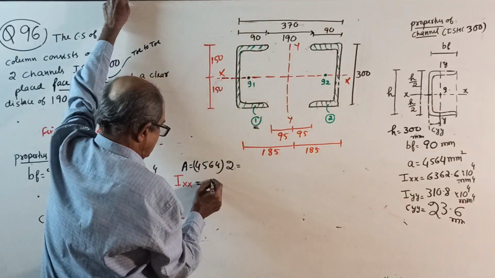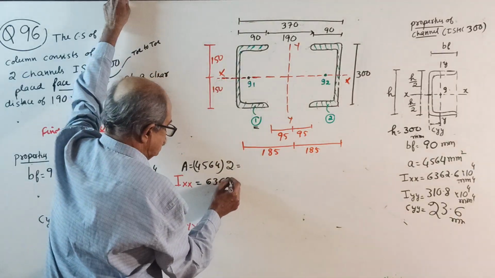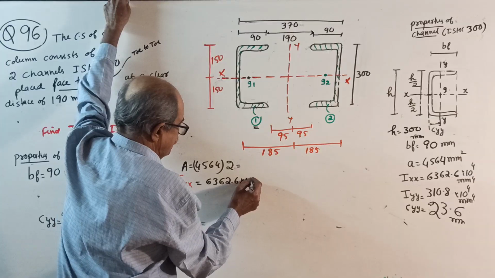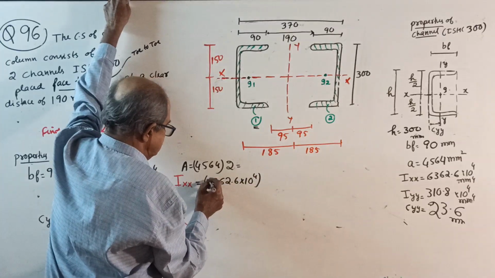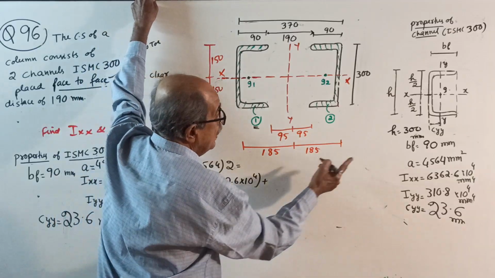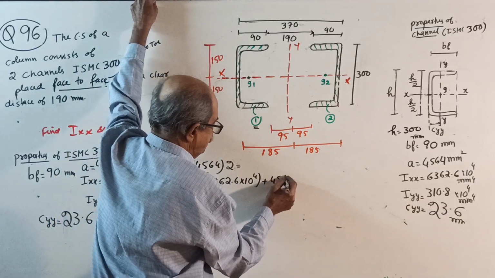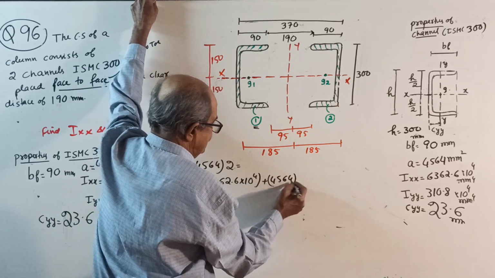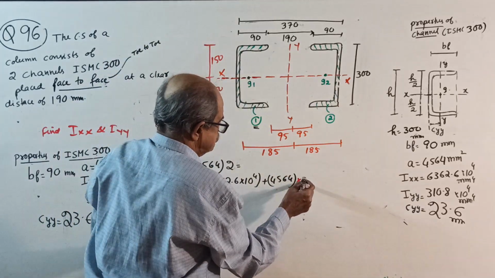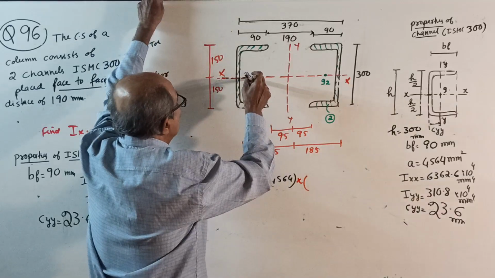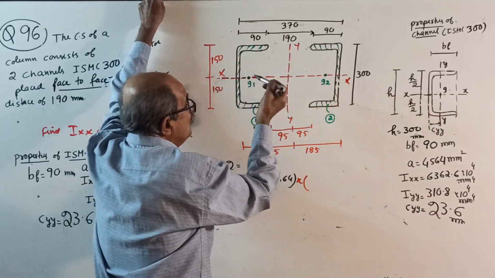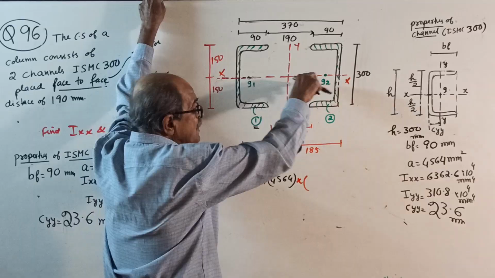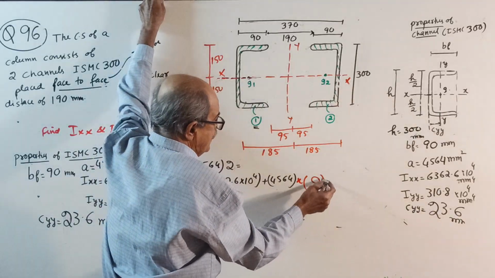6362.6 times 10 to the power 4 is IG, plus area, 4564, into the distance from centroid G1 to XX. Centroid G1 lies on XX, therefore 0 square.